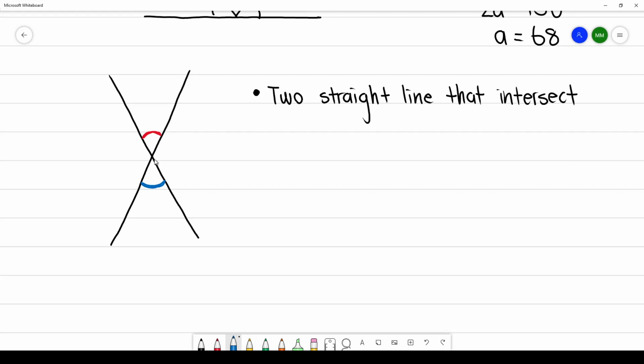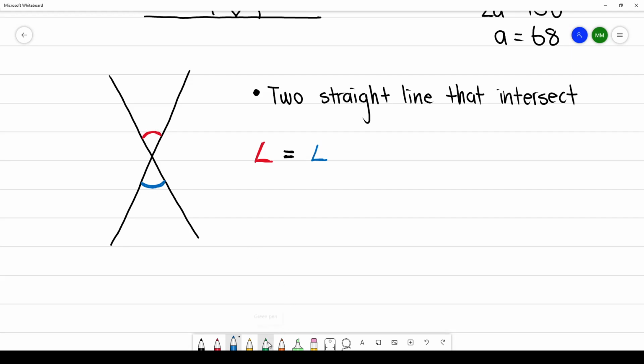Now, I'm going to tell you right now that these two angles, the two opposite angles, the red angle and the blue angle, they are equal. Okay, they are exactly equal. If this here is 36 degrees, this here will be 36 degrees.